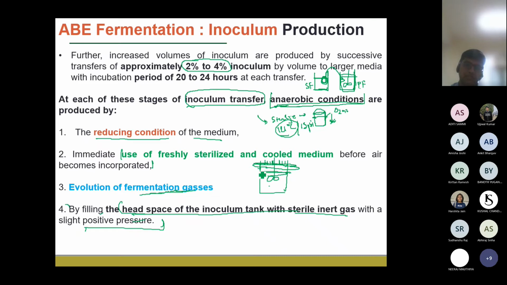There is always a space kept between the growth media and the top plate, so that there is no contamination from outside. Otherwise, there may be spillage at the top plate, and it may become a site for contamination.